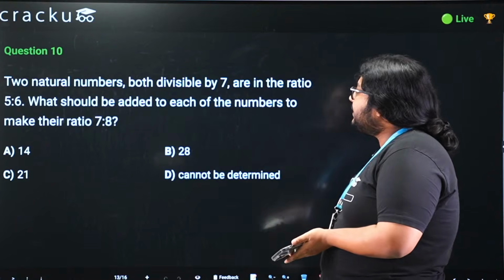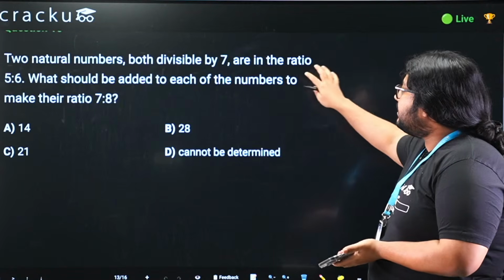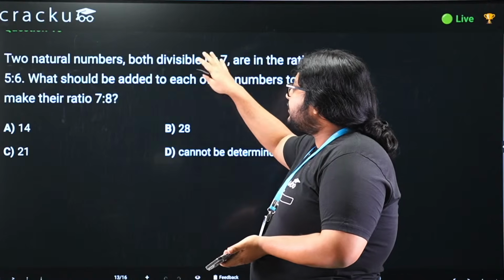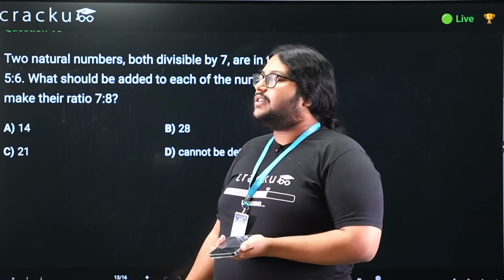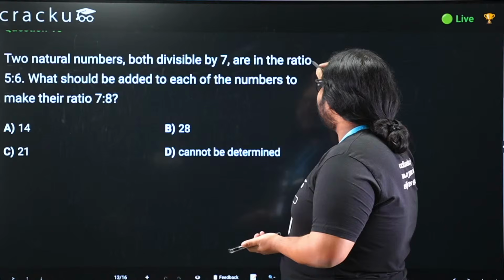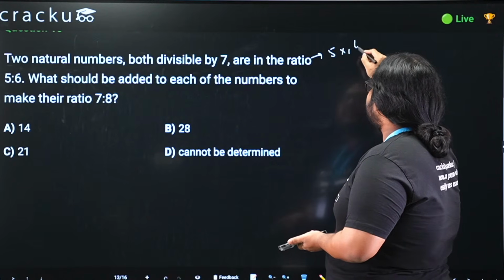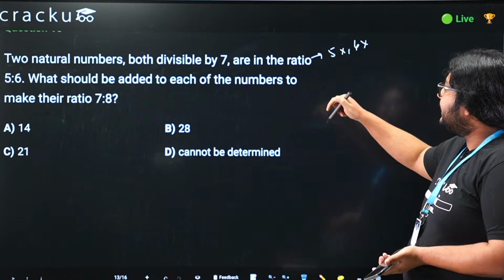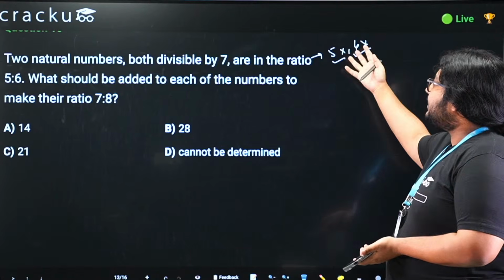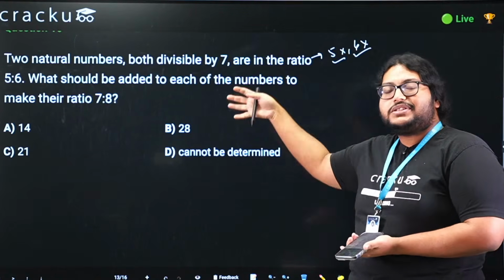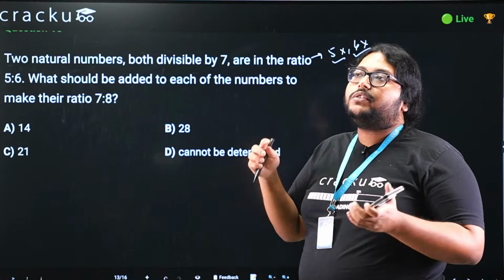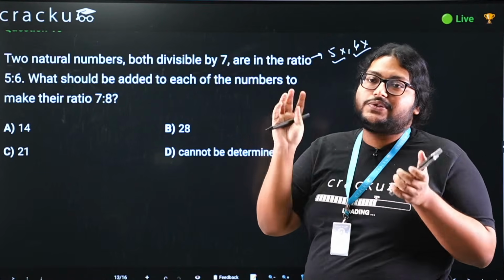It says कि two natural numbers both divisible by 7 are in the ratio 5:6. So we cannot basically take the numbers to be 5x and 6x. Why we can't take? Because 5x and 6x, we don't know for a fact if they are divisible by 7 or not. So we have to add a factor of 7 also in both the numbers.